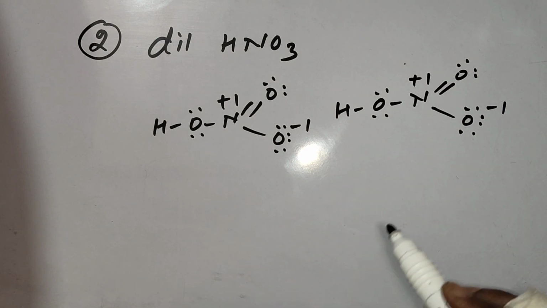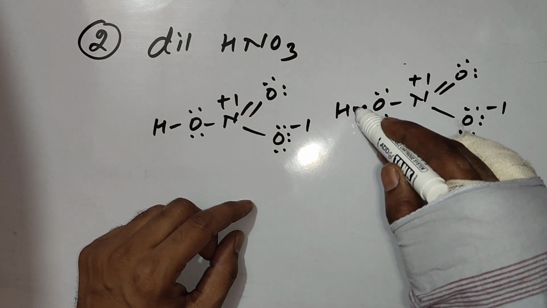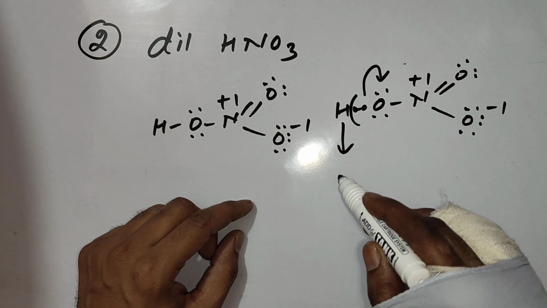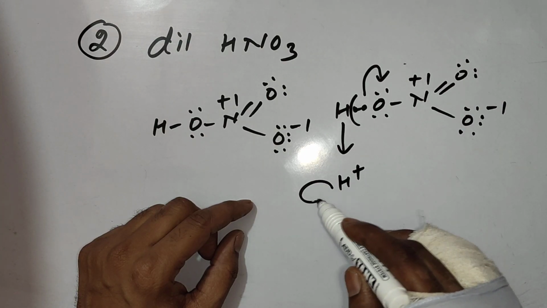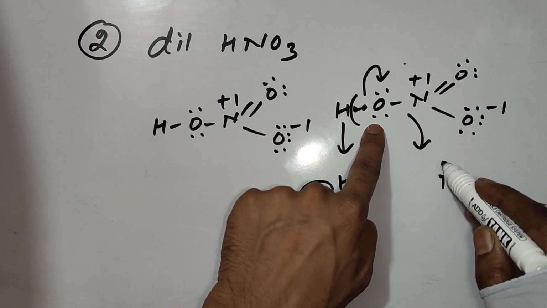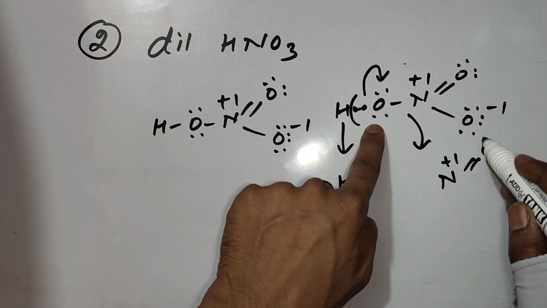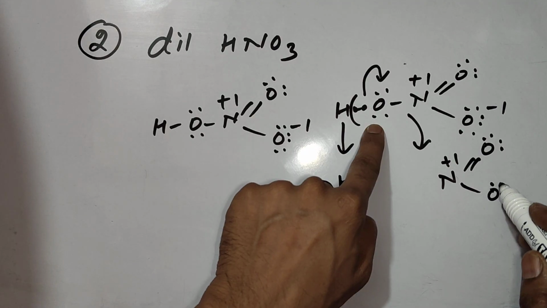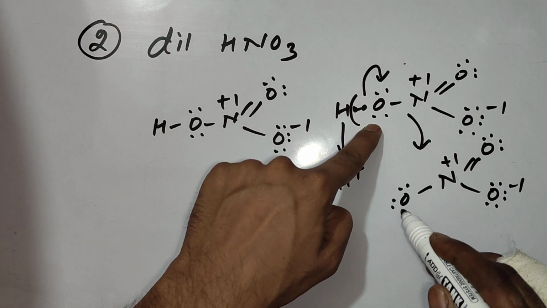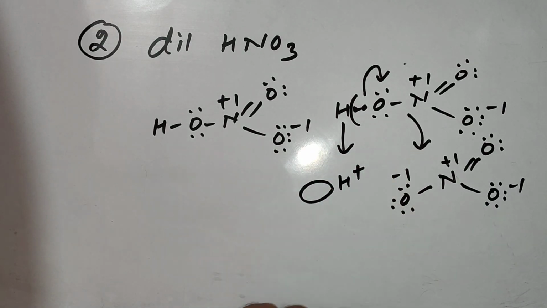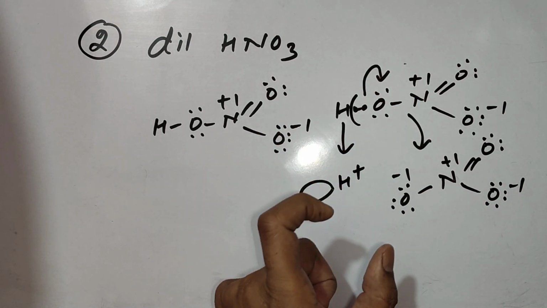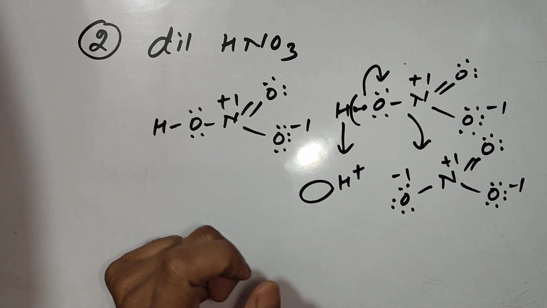Out of two particles, one particle will give us H positive ions, like this, and itself it will become this, because when oxygen breaks bond from hydrogen, obviously electrons will shift toward oxygen. Hydrogen will release out as H positive.